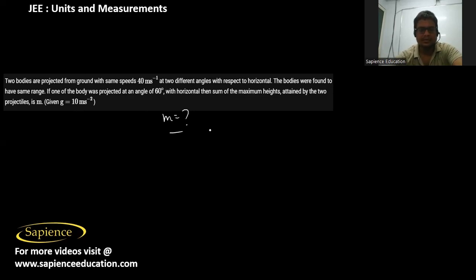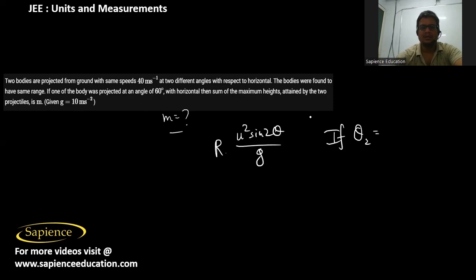So same horizontal range is happening, and initial speed is same, it means u square sine 2 theta by g, as you know, is the range. So if we take theta 2, which is the angle of projection of the second body, that will be equal to 90 degree minus the angle of projection of the first body.